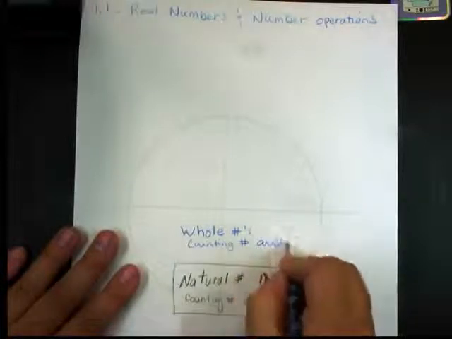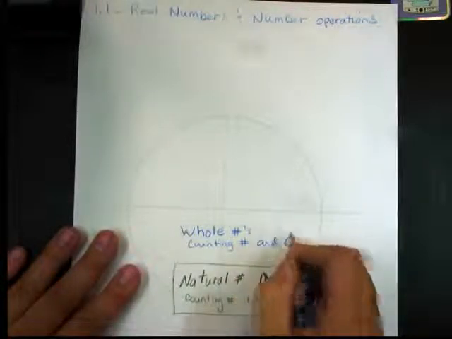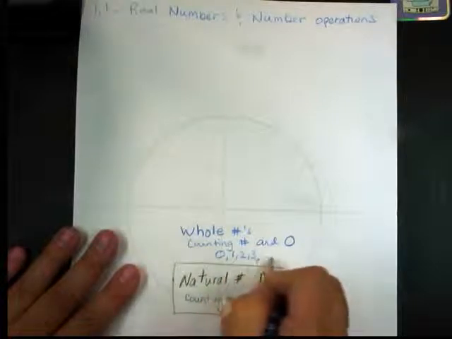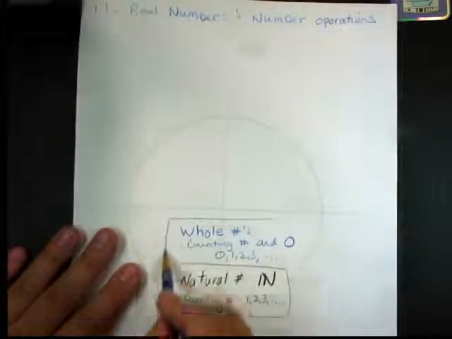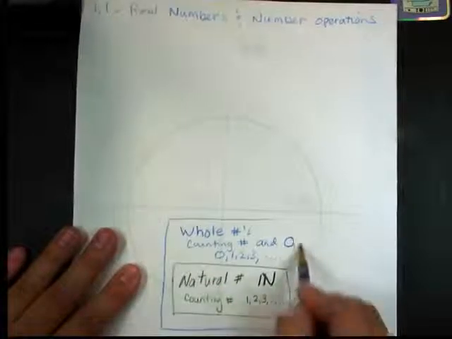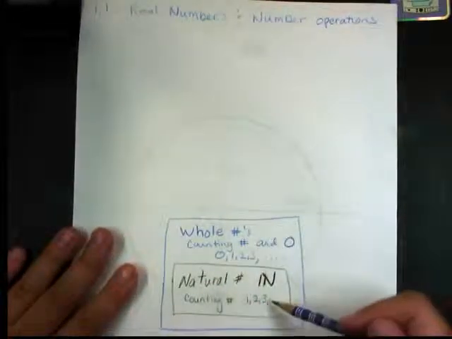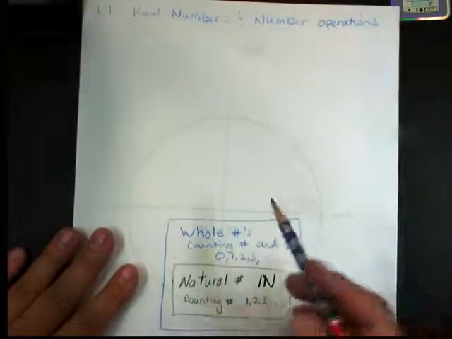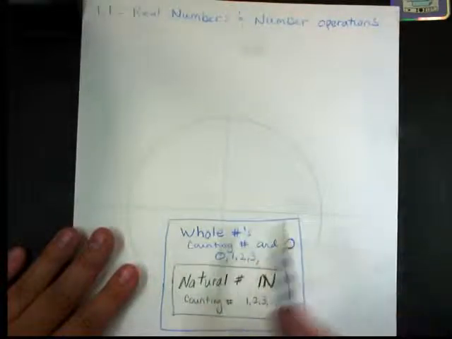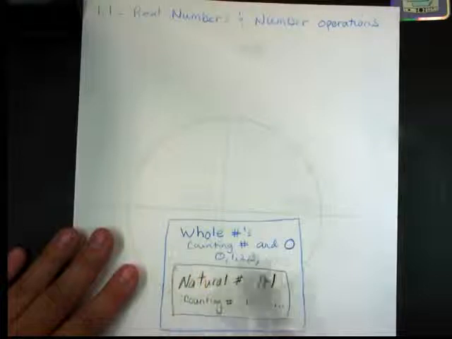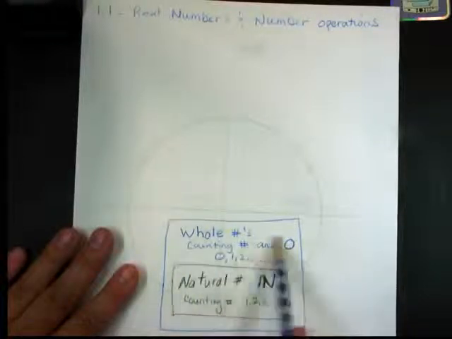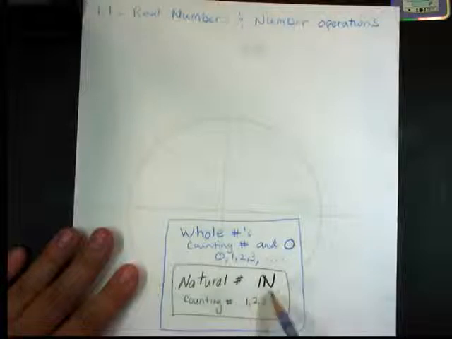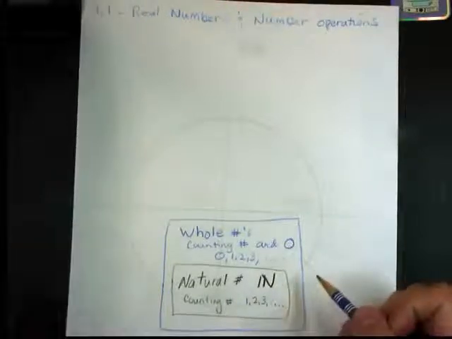But it's also 0. So 0, 1, 2, 3, and so on. So the natural numbers are inside of the whole numbers. One way to help distinguish between the two of them is that whole has an O in it and 0, so they go together, whereas natural does not. Therefore, there's no 0 in it.